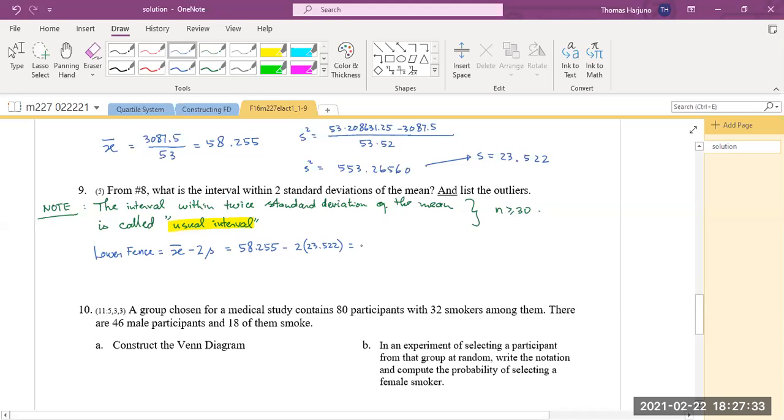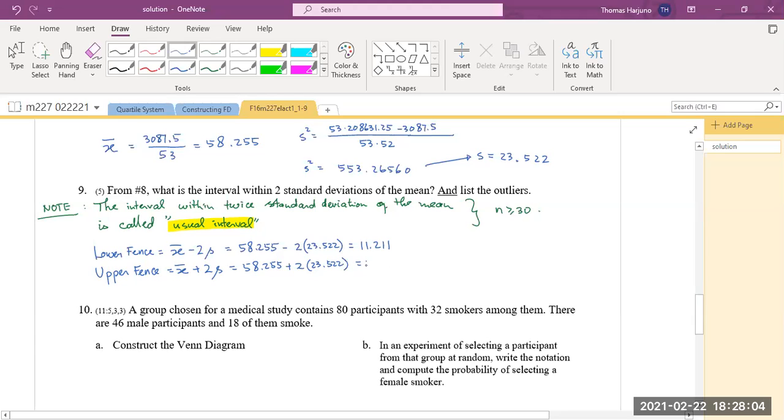I get 11.211. The upper fence of that interval will be the sample mean plus twice the standard deviation, and I use my calculator to compute it.